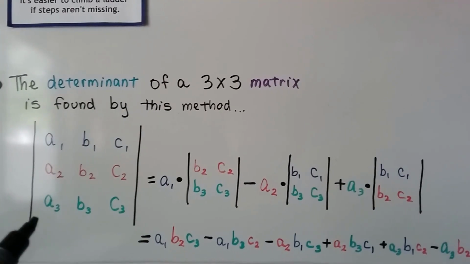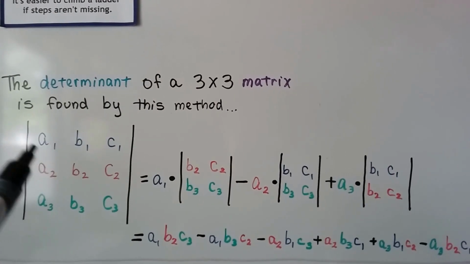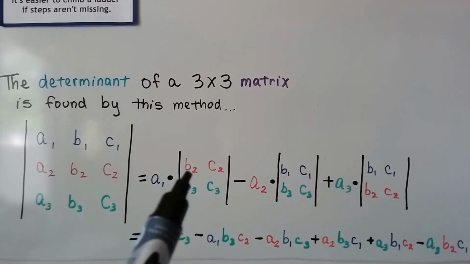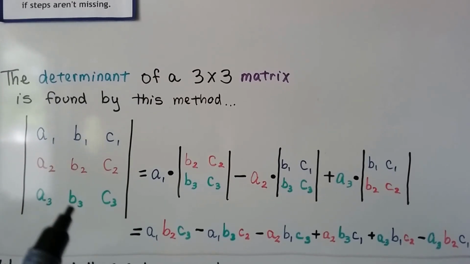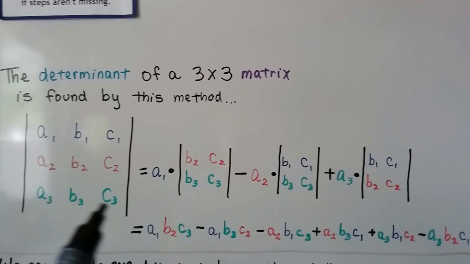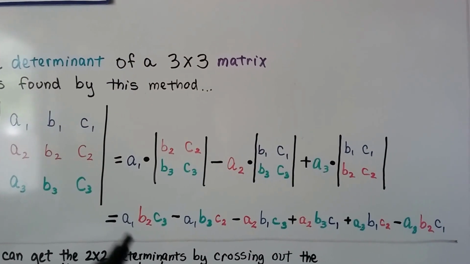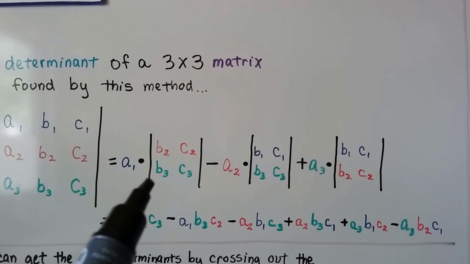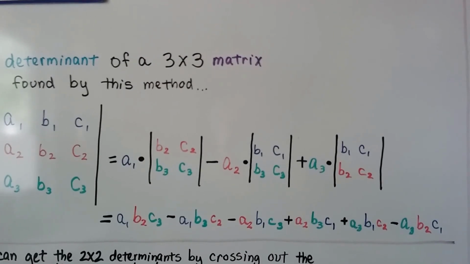So we take a sub 1, this very first one right up here, and we multiply it by the b sub 2 and the c sub 2, and the b sub 3 and the c sub 3 that are going to be cross-multiplied, okay? So what we're going to do is cross-multiply this, subtract those two products, and then multiply it to that a sub 1.